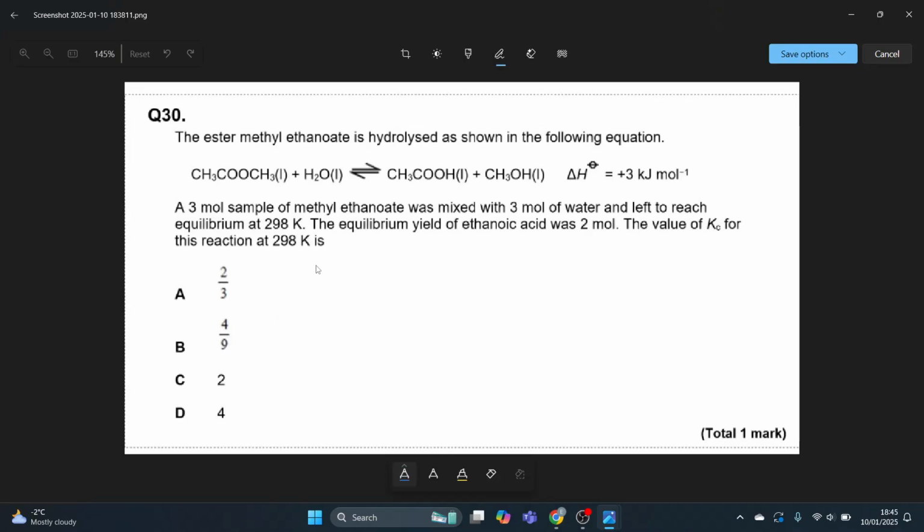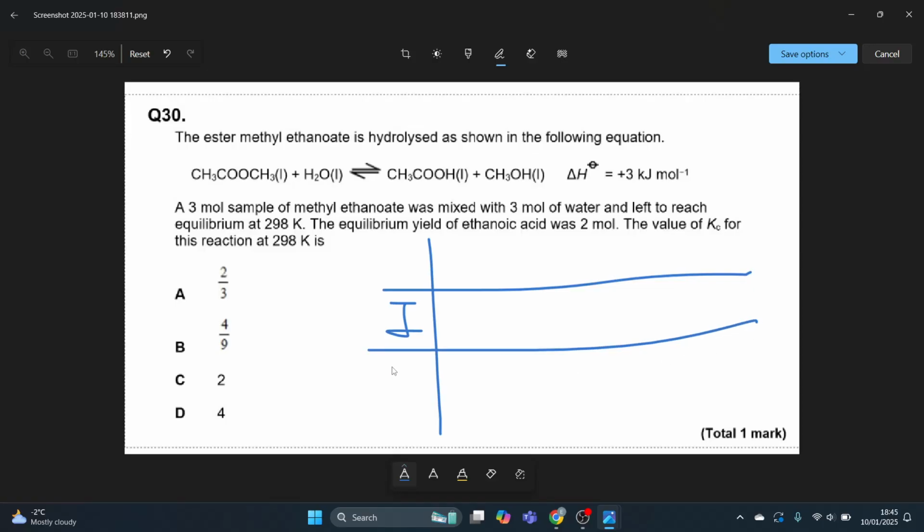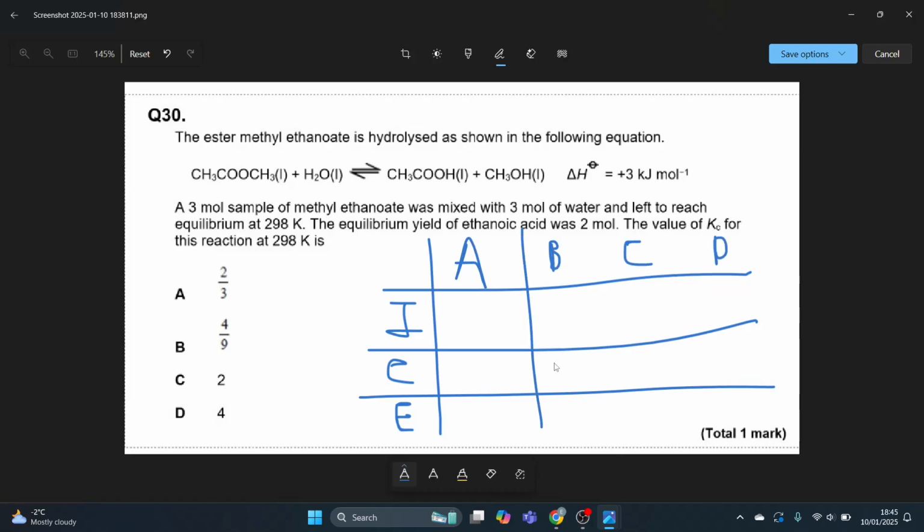Methyl ethanoate is hydrolyzed. Same thing, really, again. ICE, A, B, C, D, because I don't really want to write all those names down.